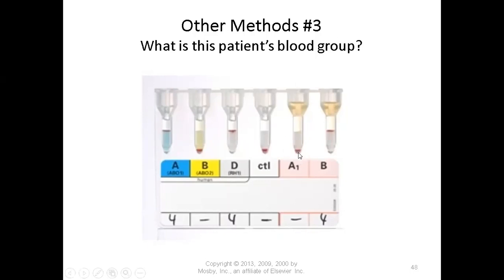So here we see no reaction with the A1 cells, meaning that the patient does not have anti-A in their serum or plasma, okay? And when we look at the B cell tube, we can see a 4+ reaction here, indicating that this patient's plasma has anti-B that agglutinated these B cells. When we're doing ABO typing, we always want to make sure that the forward and the reverse agree, because if they don't, there's a mismatch.